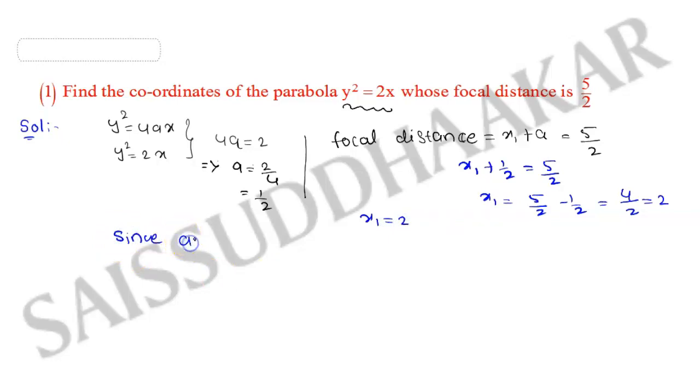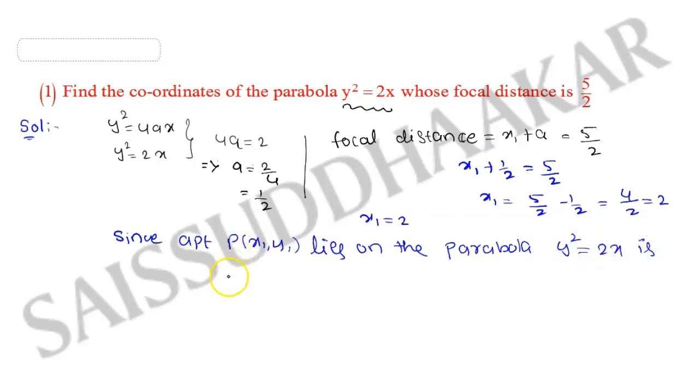Since a point P(x1, y1) lies on the parabola y square is equal to 2x, y1 square is equal to 2x1, right?